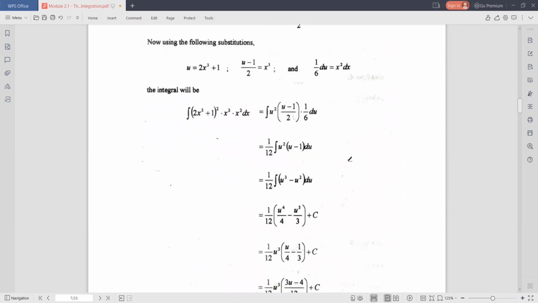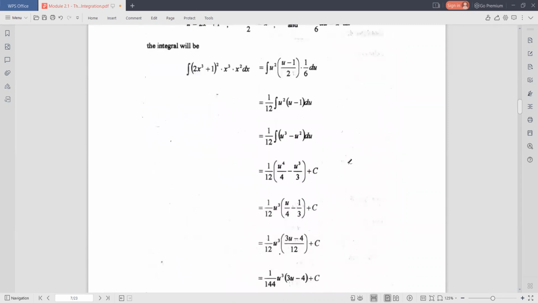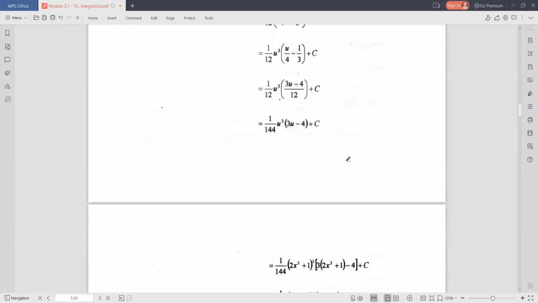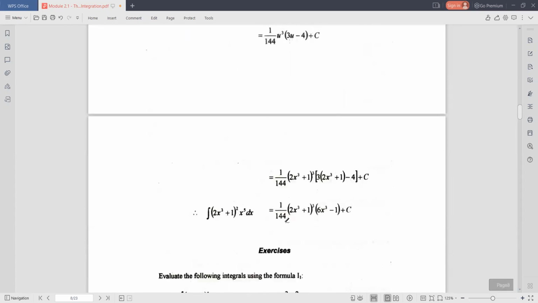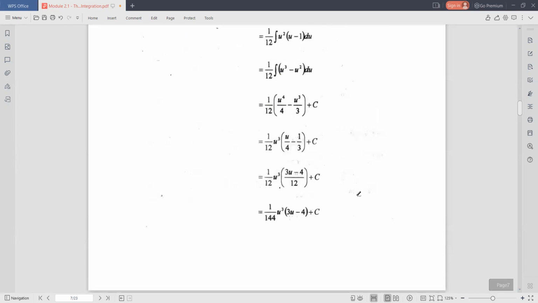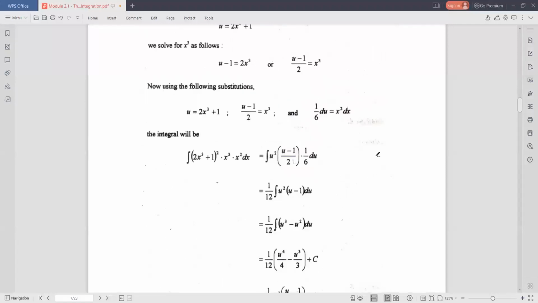And then you return what you substituted to the original form to get the general solution. So if the given variable is x, your general solution should also be in x. You can substitute by u or du, or p and dp, depending on you, but most commonly used is u or du.